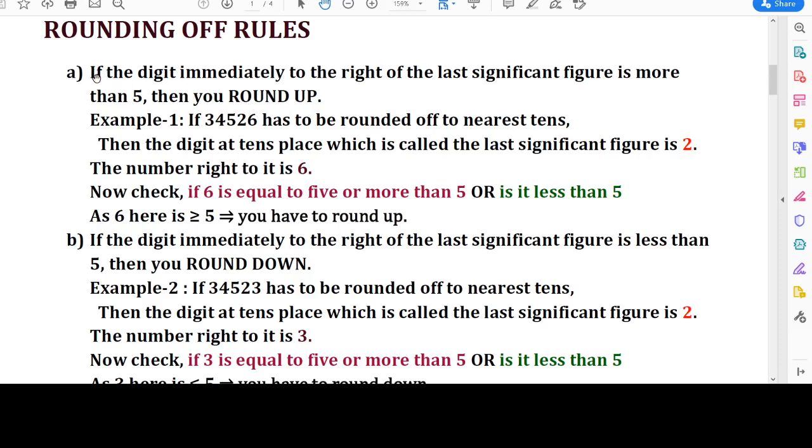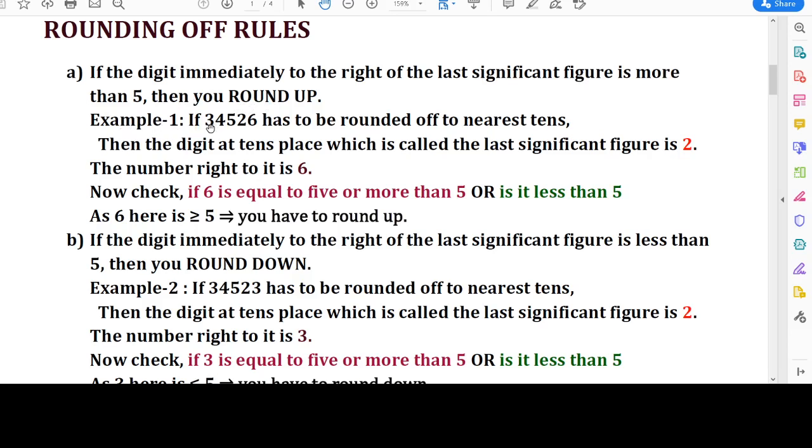Once again, I'll read the first rule. If the digit immediately to the right of the last significant figure is 5 or more, then you round up. See, I have given an example.